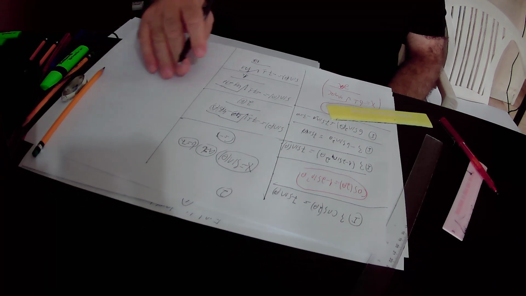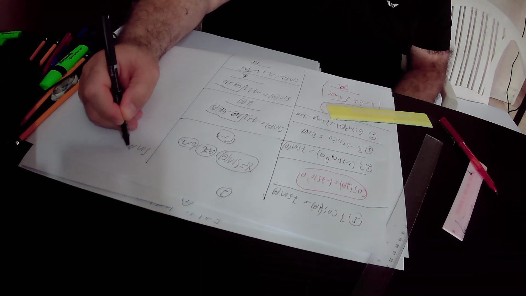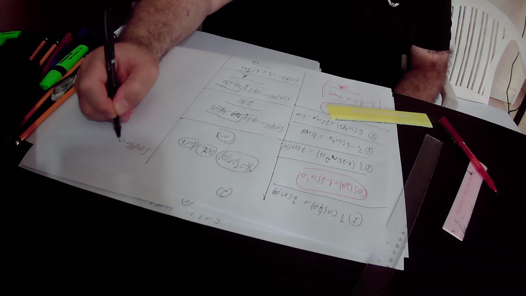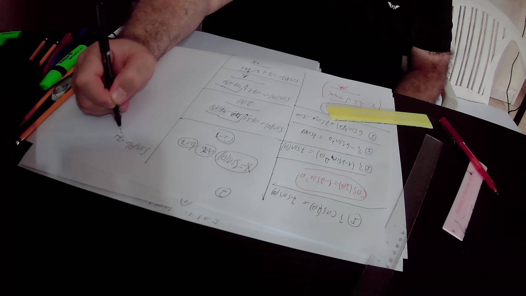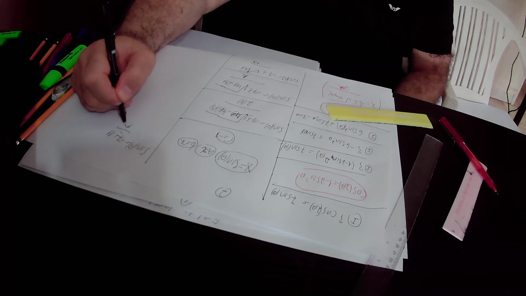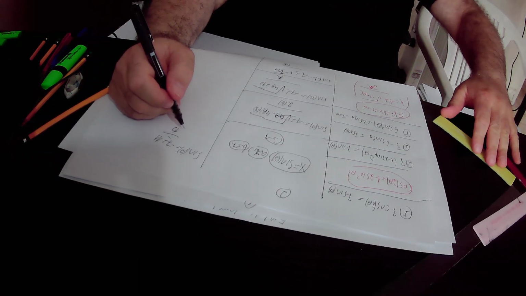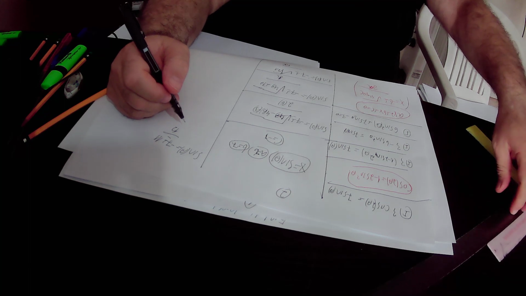So we found out that sine theta equals minus 7 plus minus square root of 121, which is 11, over 12. So here we have two possible solutions for sine theta.